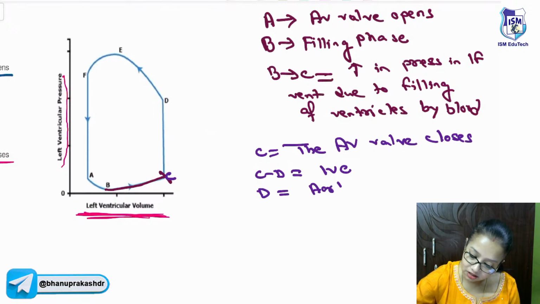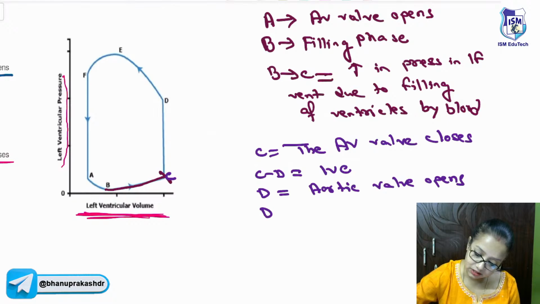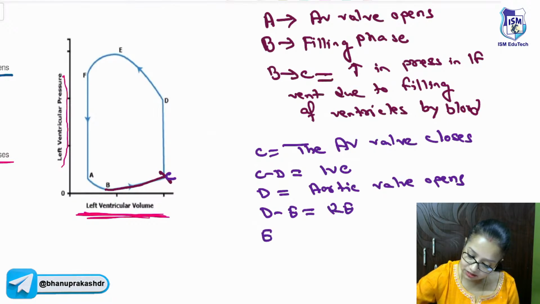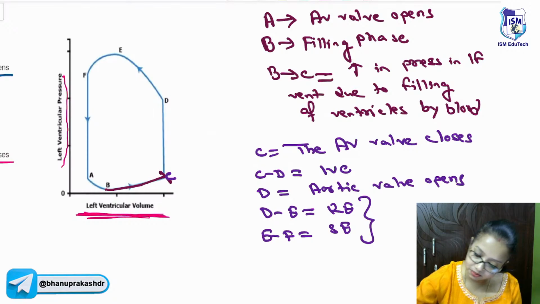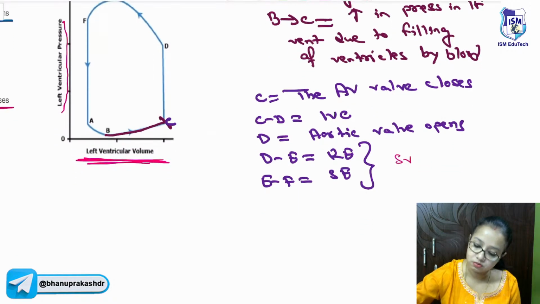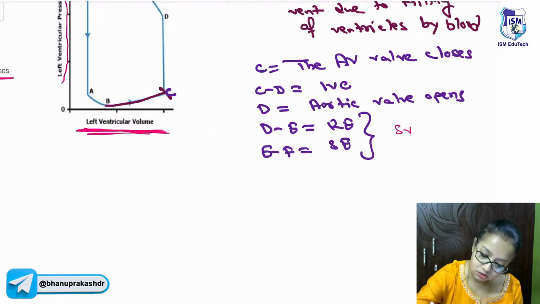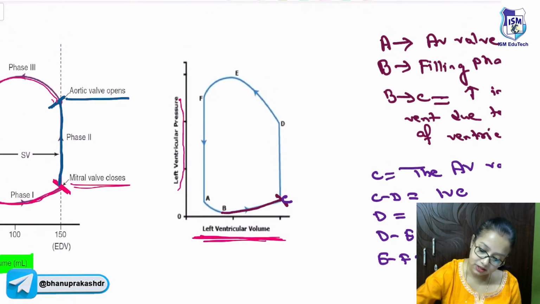The aortic valve opens. Then D to E is rapid ejection, E to F is slow ejection, and both of them make the stroke volume, like D to E and E to F.